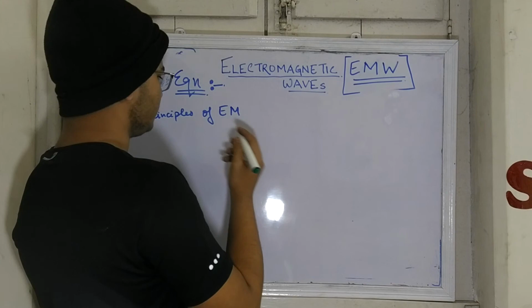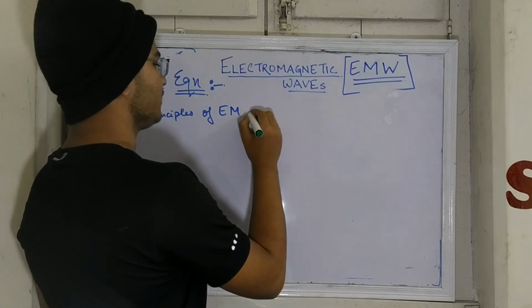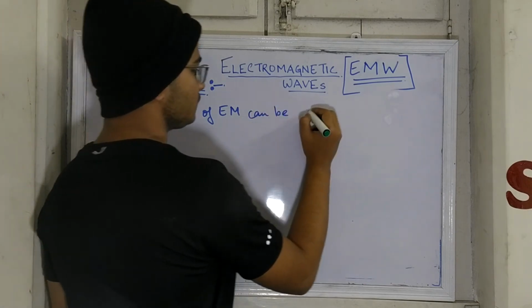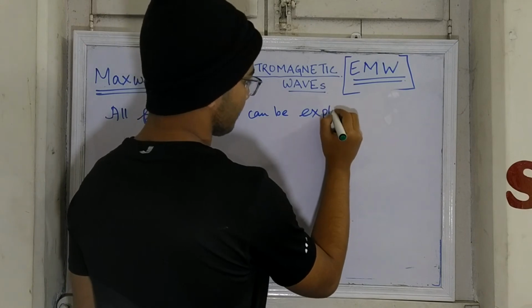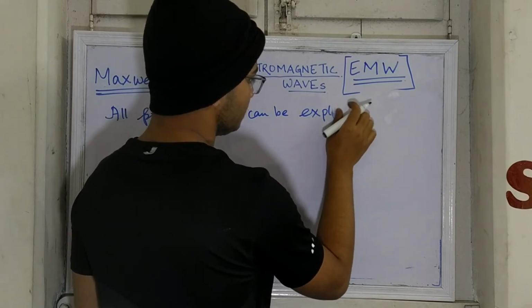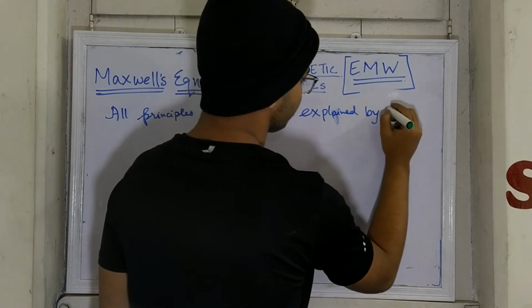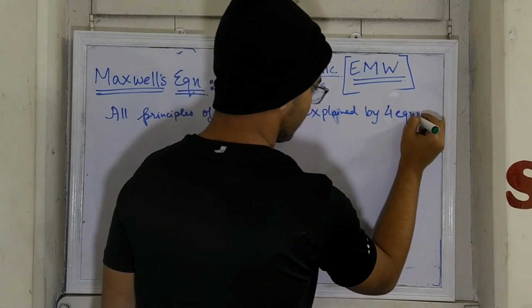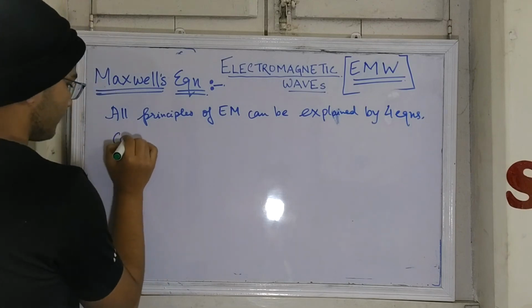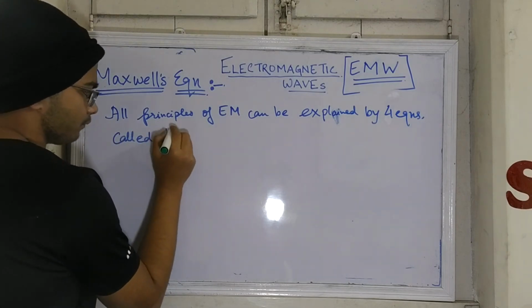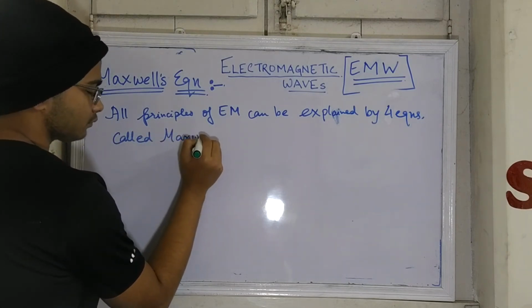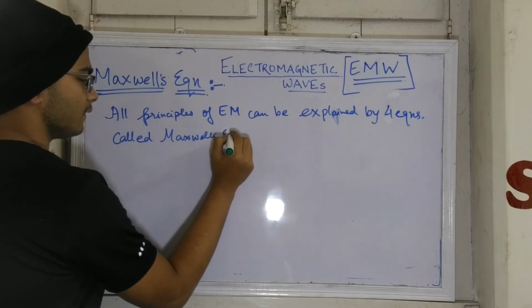Okay. All principles of EM or electromagnetism can be explained by 4 equations called Maxwell's equations.